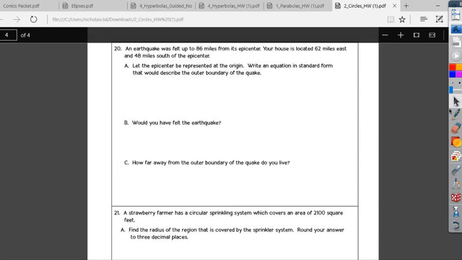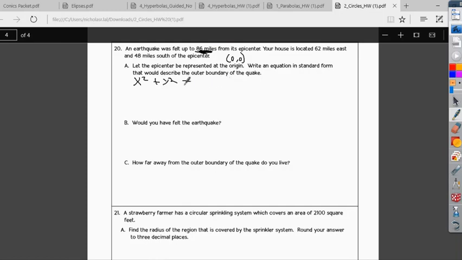Earthquake was felt up to 86 miles from its epicenter. Your house is located 62 miles east and 48 miles south of the epicenter. Let the epicenter be represented by the origin, that's at 0, 0. Write an equation in standard form that would describe the outer boundary of the quake. Well, the center is at 0, 0, so we'll have x squared plus y squared. And the earthquake was felt up to 86 miles from the epicenter, so r is equal to 86.